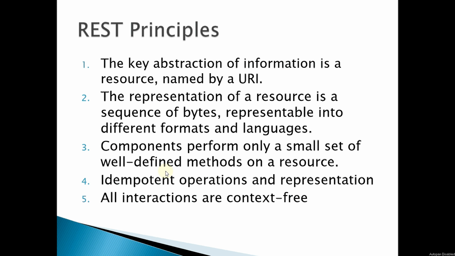The third principle was related to performing a small set of well-defined methods on our resources. We define the prescribed methods for each resource, so that only these methods are applicable. In this way, we define a specific set of methods so that a user cannot inject some information which is not required to be entered into our database systems.